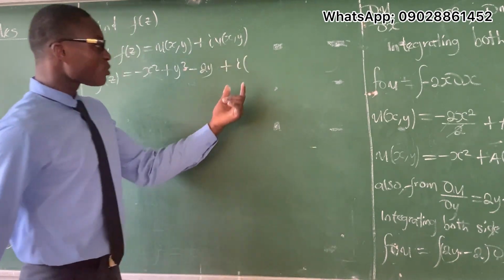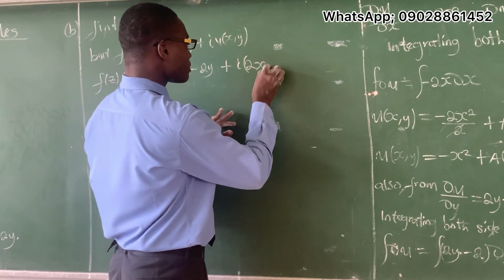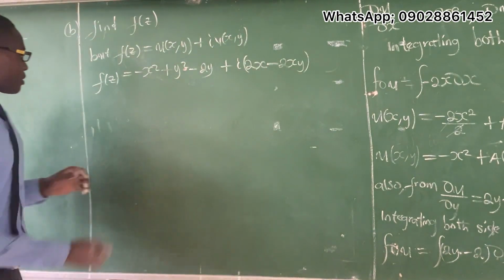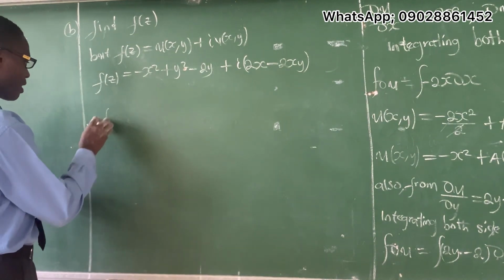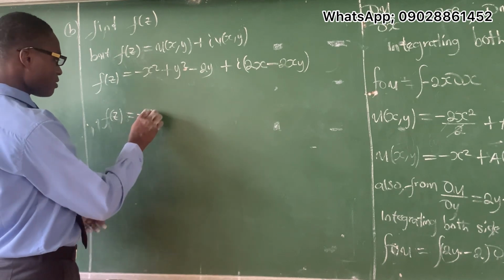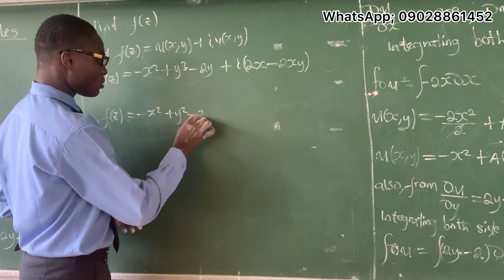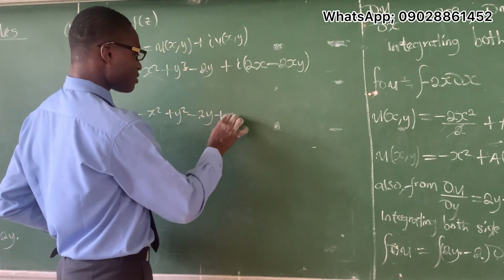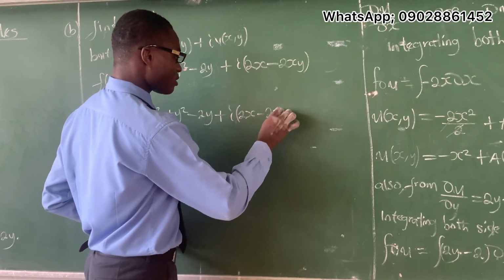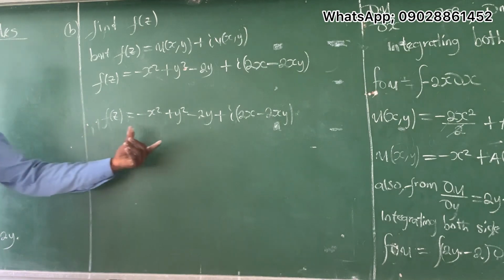The imaginary part was given from the initial question as 2x minus 2xy. So therefore, f of z is equal to minus x squared plus y squared minus 2y plus i times 2x minus 2xy. So this is the function f of z.